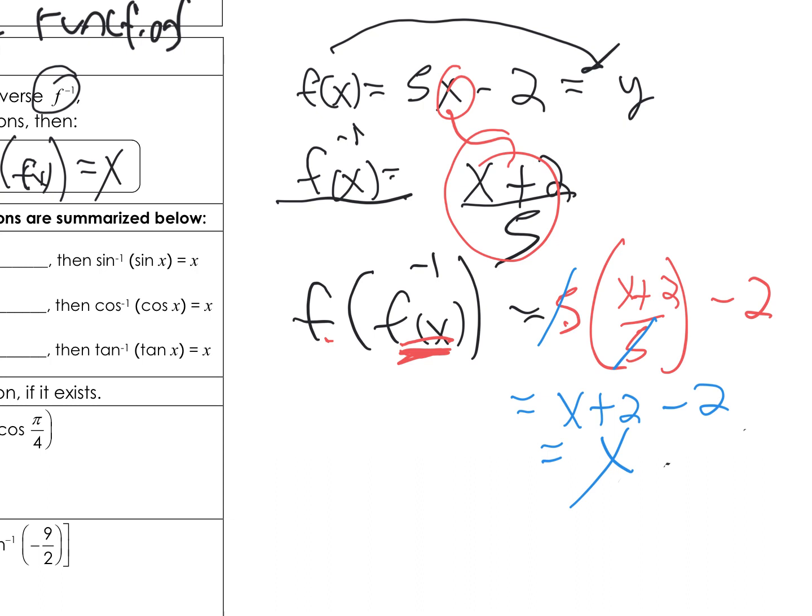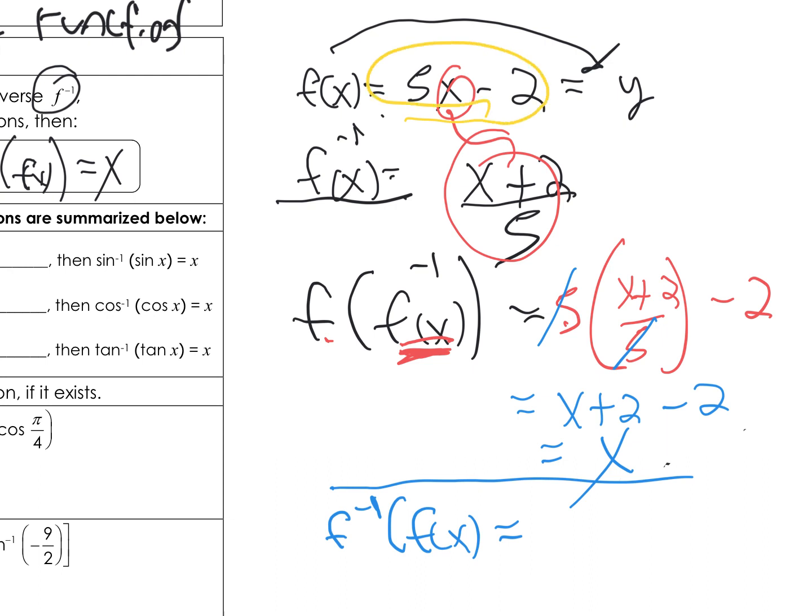So now if I want to do f inverse of f of x, what that means in English is all of f, this one here, gets plugged into the x of the inverse function.